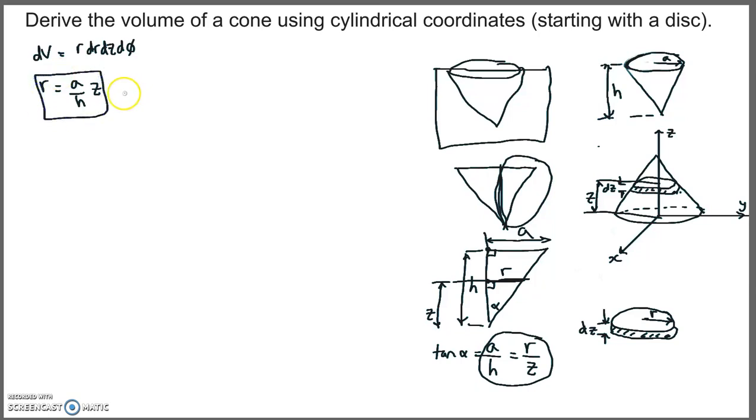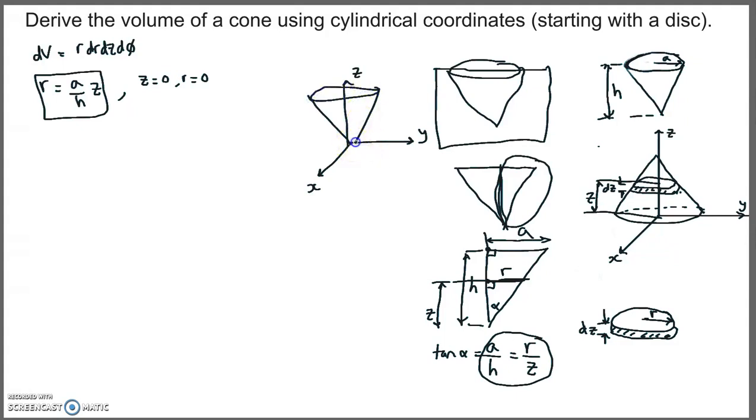And let's just plug in some values to see if that makes sense. So when z equals 0, r equals 0. So actually I think I should have drawn this cone upside down, just to be consistent. So here's our cone. Let's draw it again. So this is x, y, z, and our cone is actually upside down.